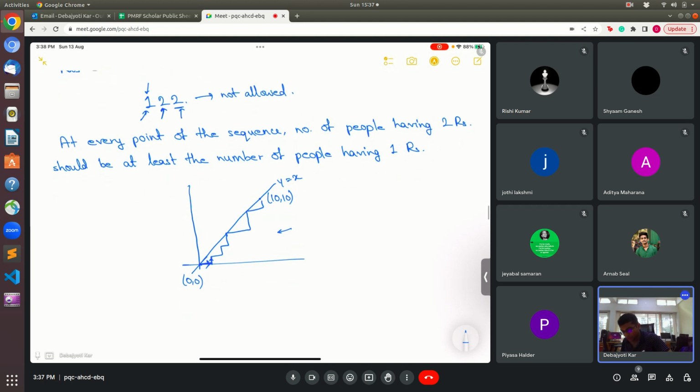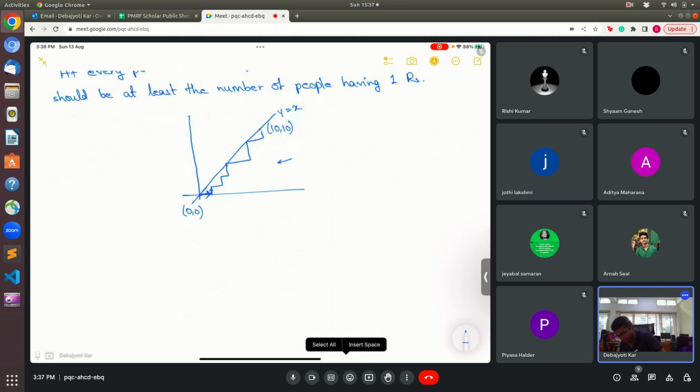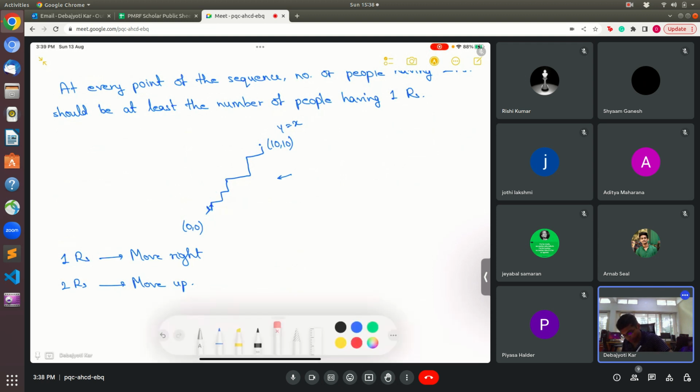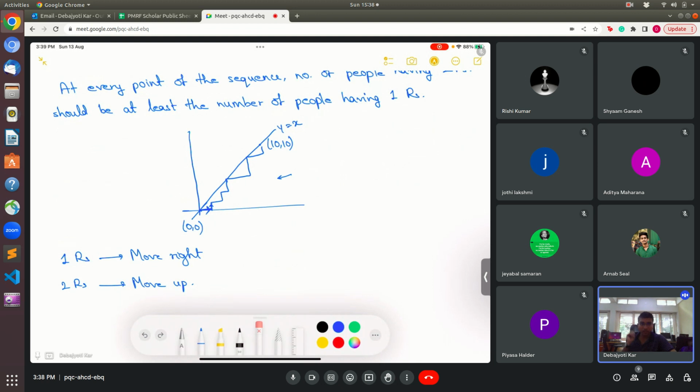At any point, so what are we doing? Suppose we do this, then what do we want? If we plot this on this grid, then we are moving from (0, 0) to (10, 10) using lattice paths, and at no point should we cross the line y equal to x.